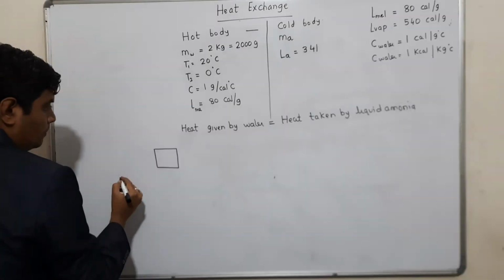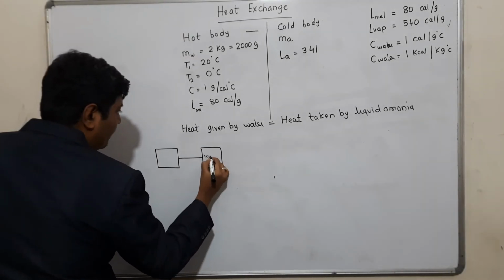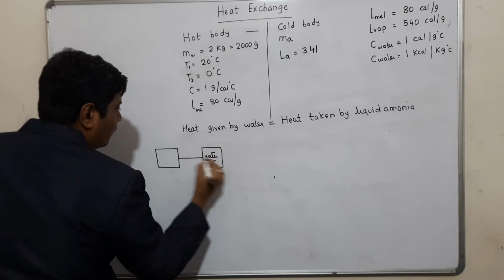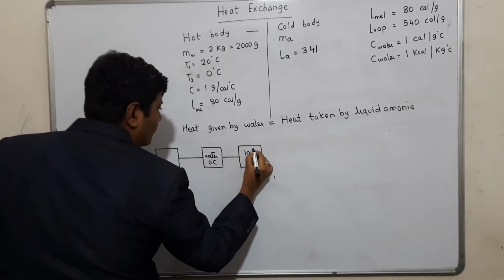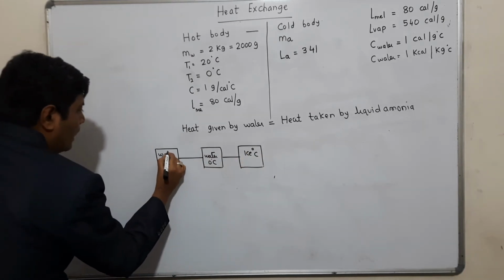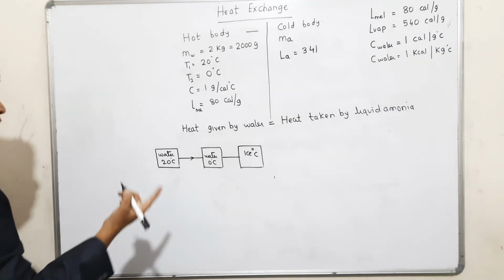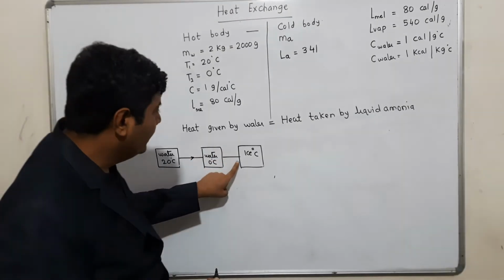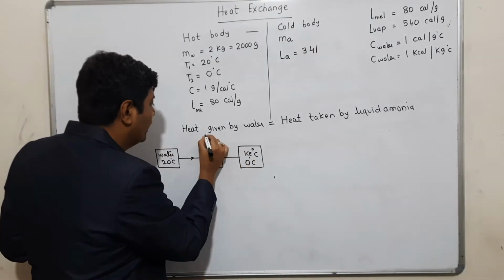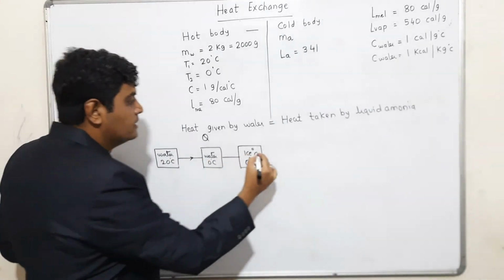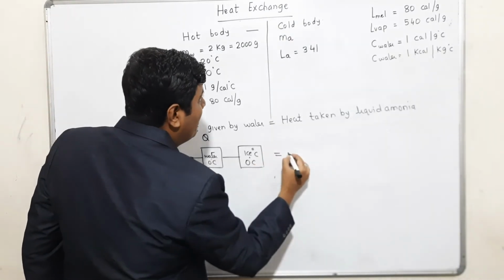You will have water at 20 degrees Celsius, it will get converted first into water at 0 degrees Celsius, and then it will convert into ice at 0 degrees Celsius. So this is the total heat I have to give, and this heat will be taken by liquid ammonia basically to vaporize. So you have M into L.